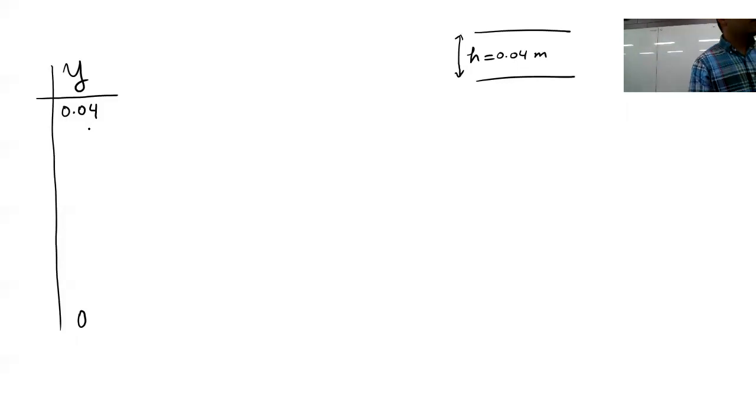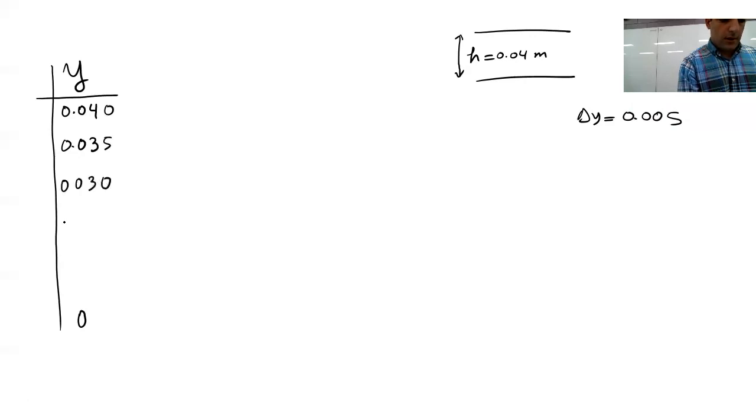Depending on our delta y, if my delta y is, for example, 0.005, I think it takes 8 of those to make 0.04, if I'm not wrong. Yes. So the next one would be 0.035, and the one below would be this.